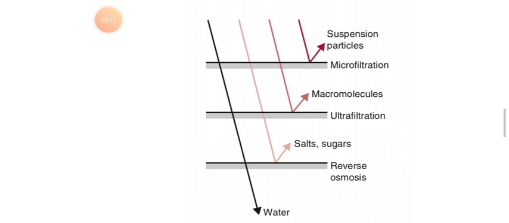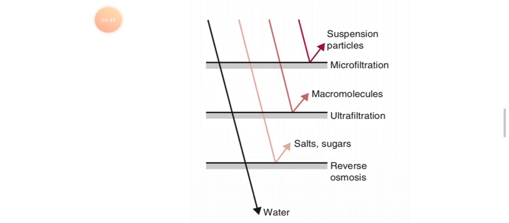Then ultrafiltration: the pore size of the membrane is smaller than in microfiltration, and it also holds back macromolecules, which are of large size. Now the next part, reverse osmosis. In reverse osmosis, the salt and sugar present in the water, or the ions present in the water, are retained over the membrane, and only water passes through.